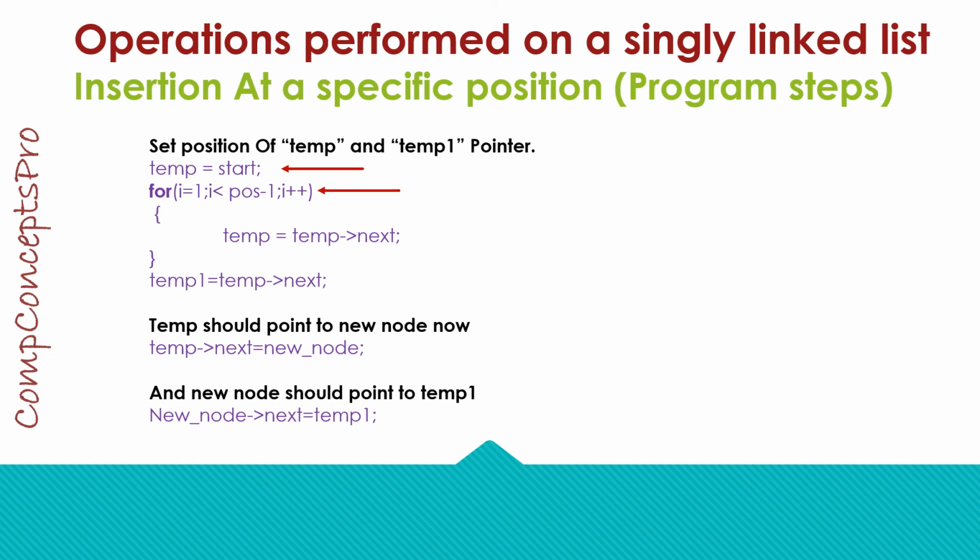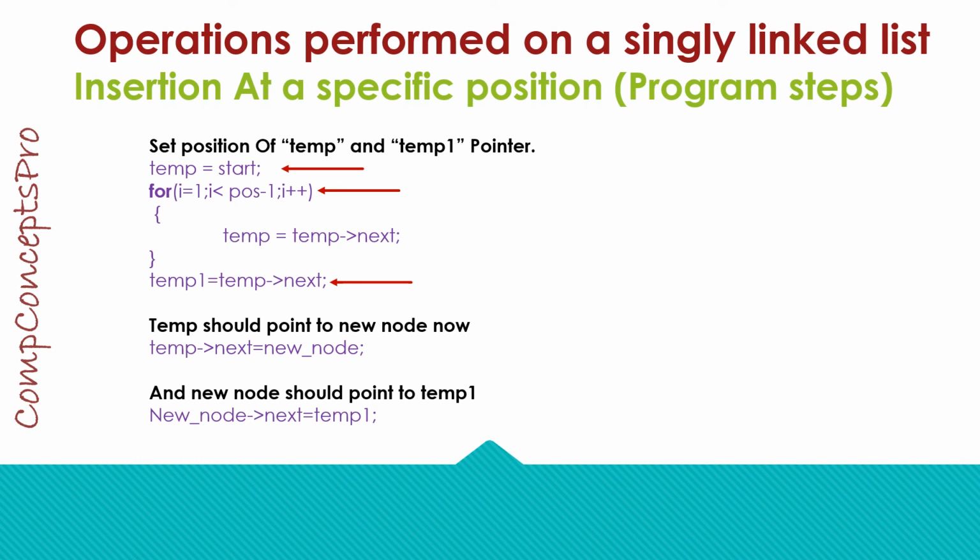So this loop will stop at the point where we have to insert the new node, because we have given the condition for i as i is less than position minus 1. So temp will be fixed to the node which is one position previous to where we have to insert the new node. And by this statement, we will assign temp1 to the node next to the position where we have to insert the new node.